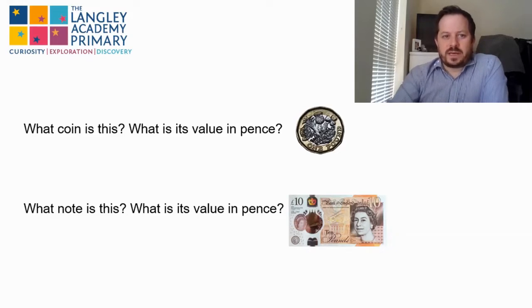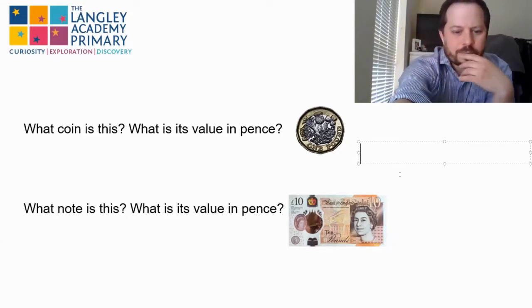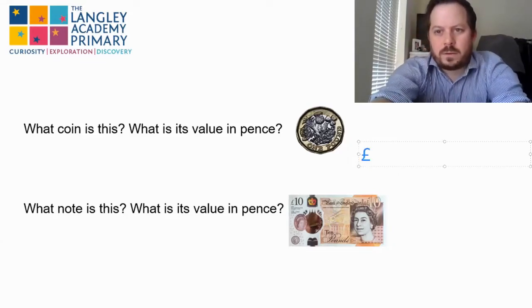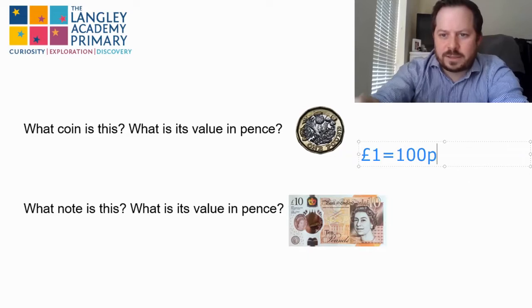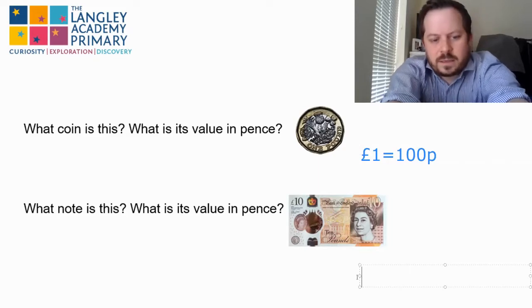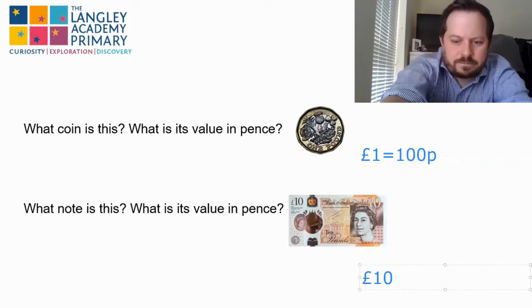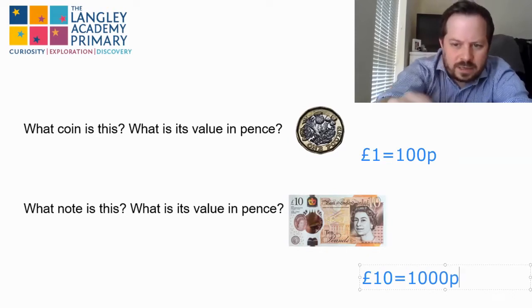So if we were to write that down, we have £1 here, £1, and that equals 100 pence. Whereas when we're looking down here, we have this being £10, which is the same thing as 1,000 pence.